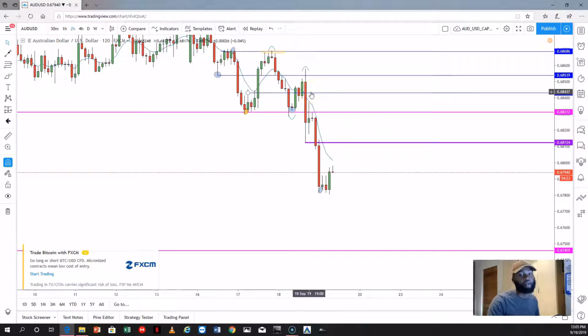So in summary, risk to reward ratio 1:5, risking 13 pips to gain 66 pips. Fairly good trade in terms of risk to reward and risk management. It's a very good one. I risked about 1% of my account.